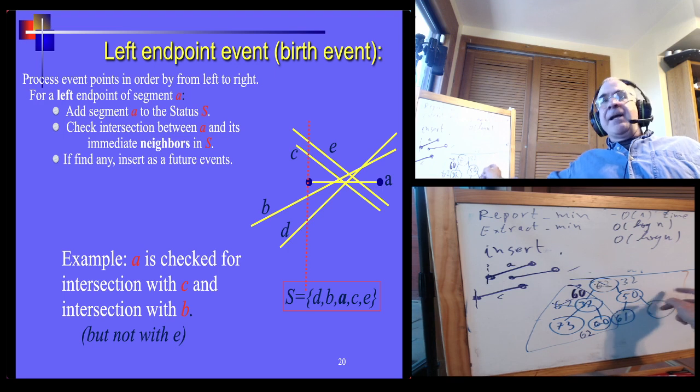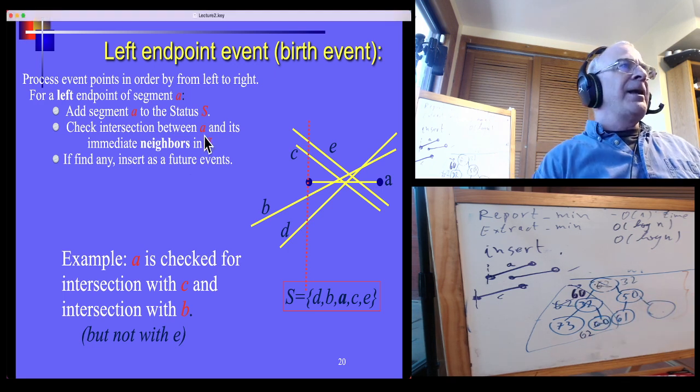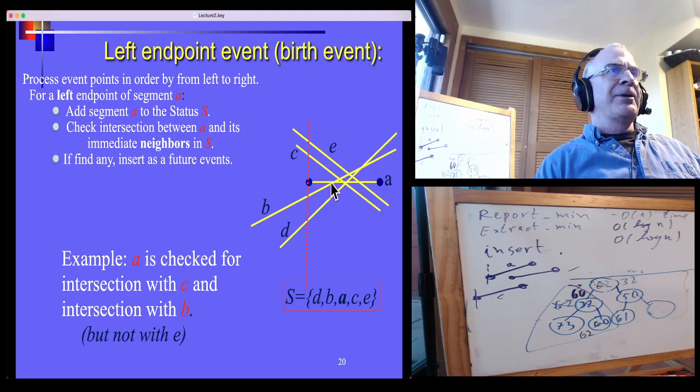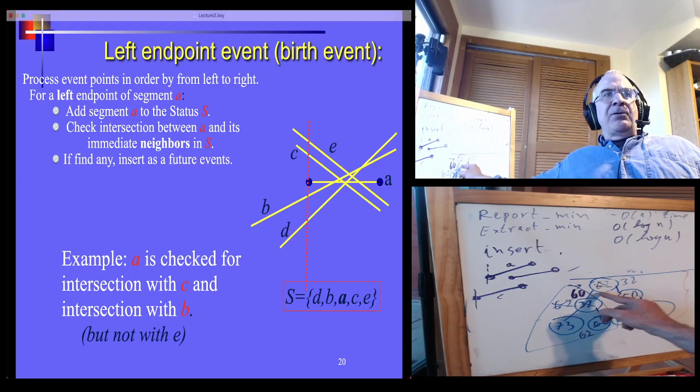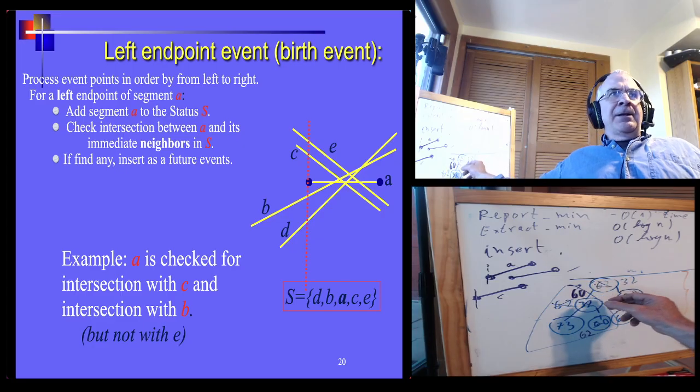I go to my heap and say, hey, I just found out that somewhere in the future, C and B are going to intersect. I'll compute at which X value, which time it's going to happen in the future, and I'll insert it into the heap. You don't see it, but every number here has satellite data.